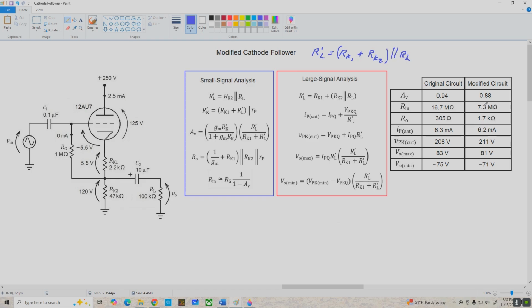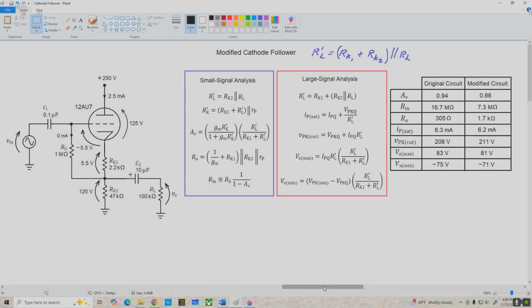It's going to tend to have a fairly high output resistance. Our AC load line limits haven't changed too much here. Again, that's because RL is pretty big. And our output voltage maximum and minimum values have decreased a little bit. Again, not too badly because we've got a large load resistor.